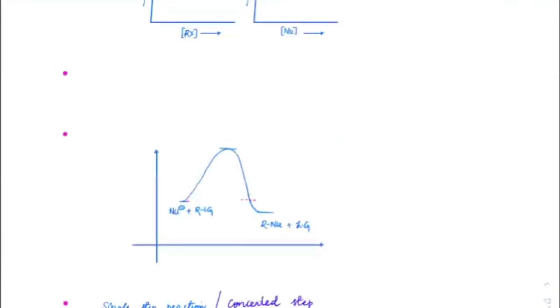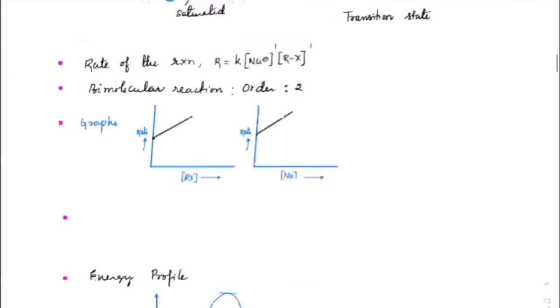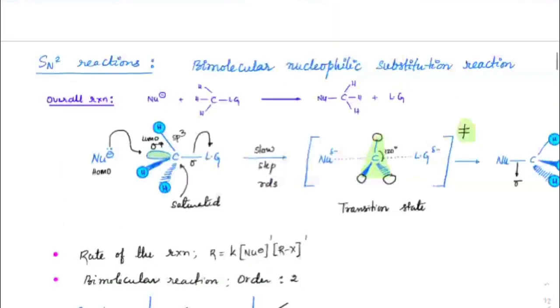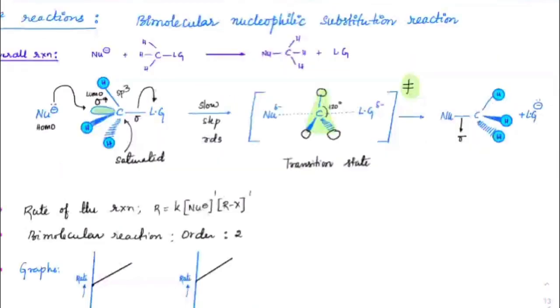Now another point, if you observe the energy profile, first let me write the energy profile. This reaction will take place if the new bond which is forming, check out this new bond, is stronger as compared to the carbon and leaving group bond. This bond should be weaker compared to this bond.